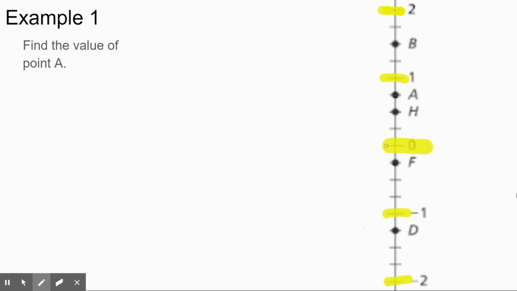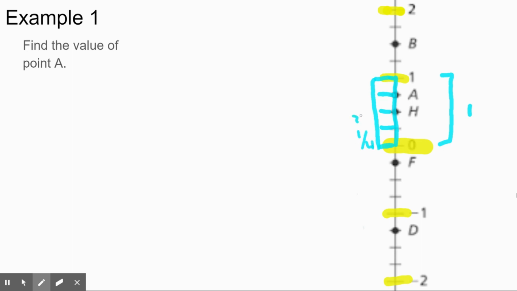So for example, between 0 and 1, we have 1, 2, 3 lines. If we think of this as a box, which you may have seen in the 2.2.1 video, what this is showing us is that if this distance is one whole, each of these lines is representing a fourth, 1/4.